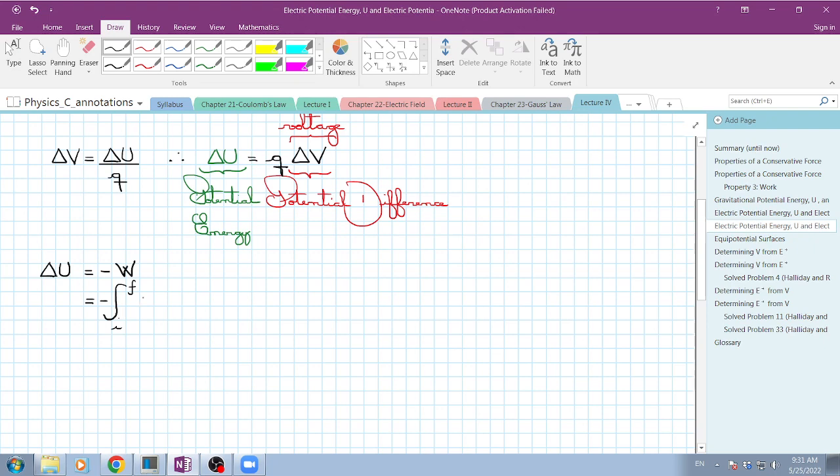This is going to be the scalar product between the force and the displacement vector. Right, so let me just write here.